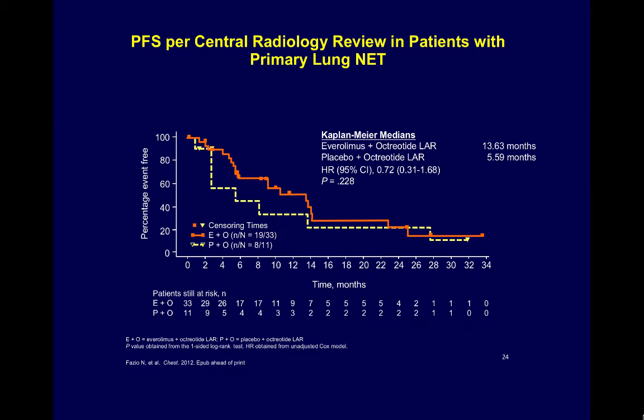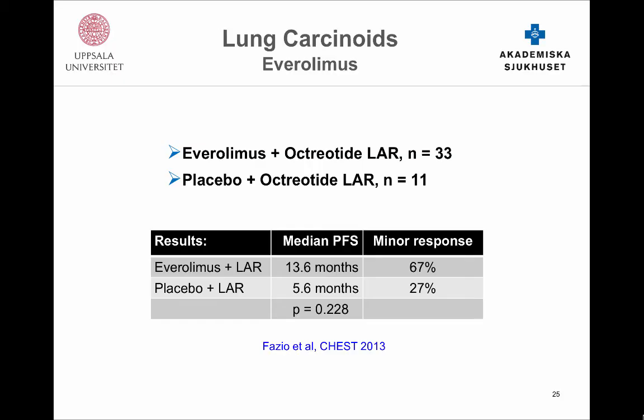So that formed the basis then for the next trial, where we want to study more exclusively lung NETs. There are some sub-analysis from the RADIANT-2 study, which I think I should also show to you.